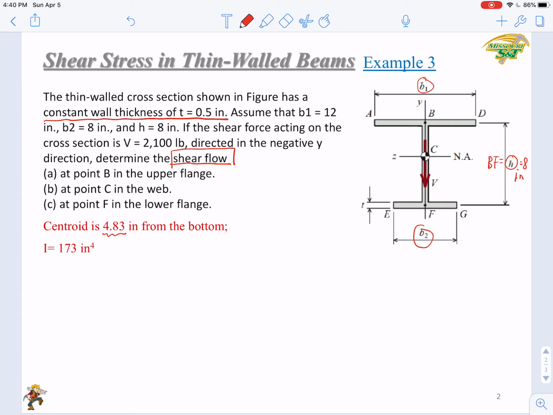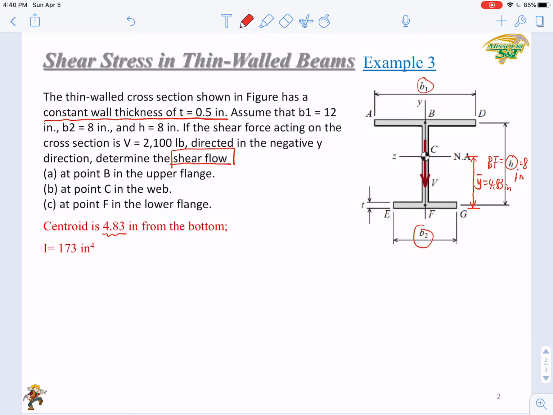So from the bottom to the centroid, y bar equals 4.83 inch, and I is 173 inch to the fourth.